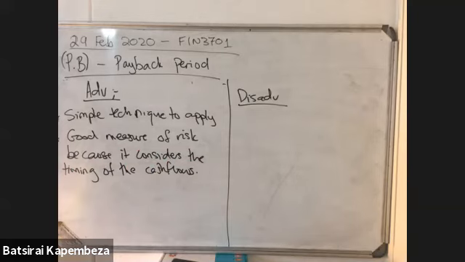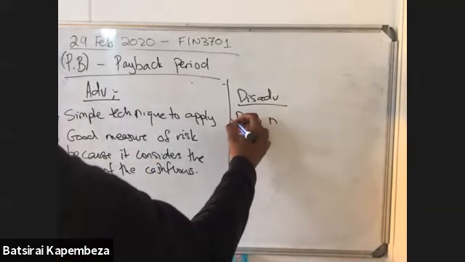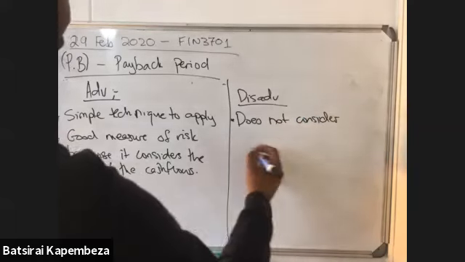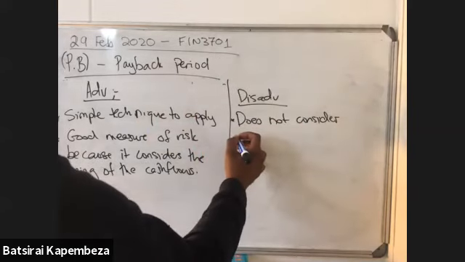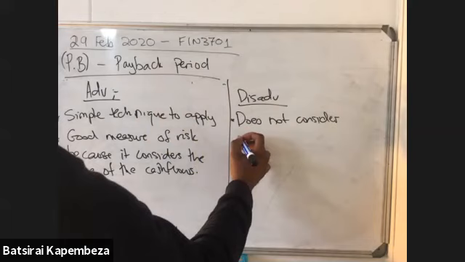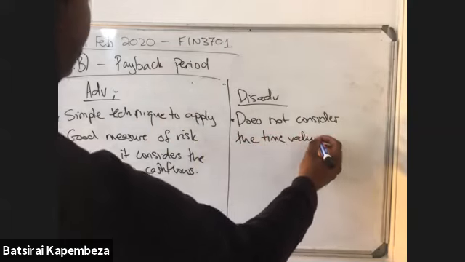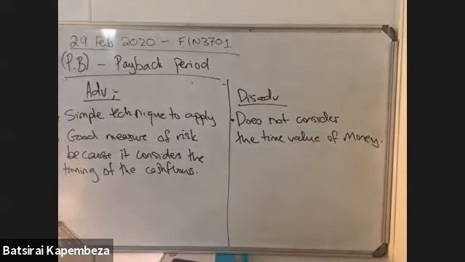The major disadvantage is that it does not consider the time value of money. There's no discounting, there's no discount rates, and we know that the value of money 5 years from now isn't the same as the value of money today. So this is a major disadvantage.